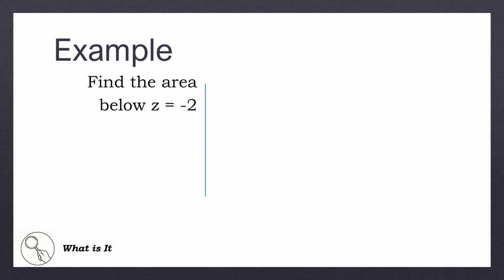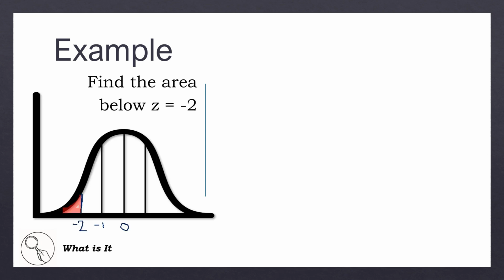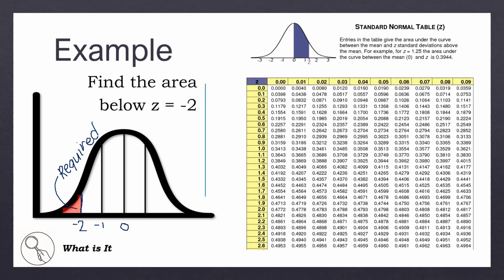For this example, we find the area below z equals -2. We must first draw the corresponding normal curve and shade the required area. Hahanapin natin sa standard normal table ang area or probability ng z-score na -2.